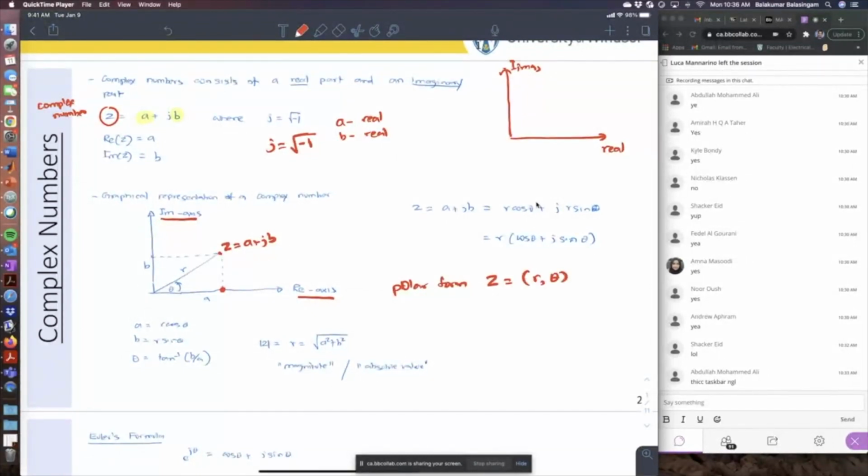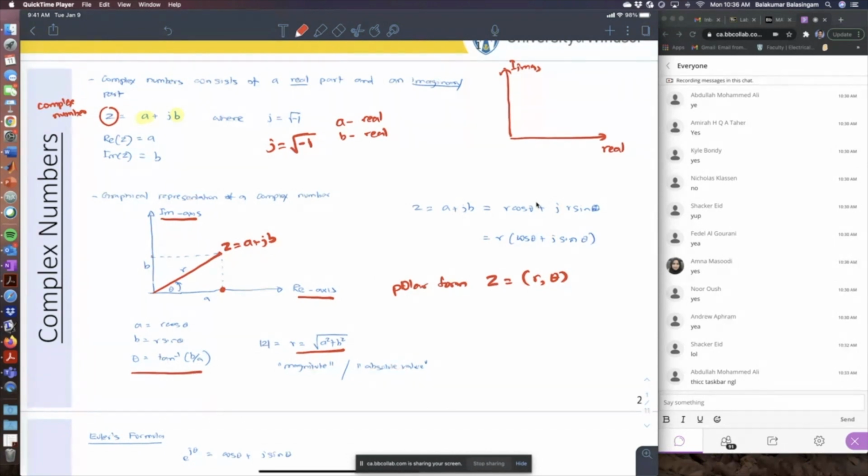That's it. Two parameters. R is the distance, r is the square root of a squared plus b squared. Theta is the angle. Those two pieces of information are as good as a plus jb. A is the x-axis distance, b is the y-axis distance, and the same can be said in polar form as r theta, where r is the square root of a squared plus b squared, and theta is tan inverse b over a.